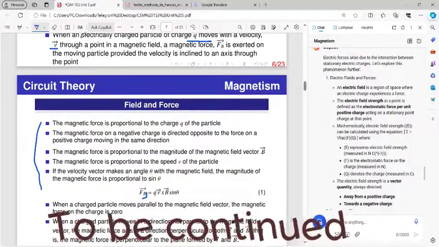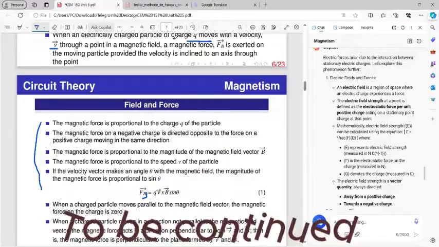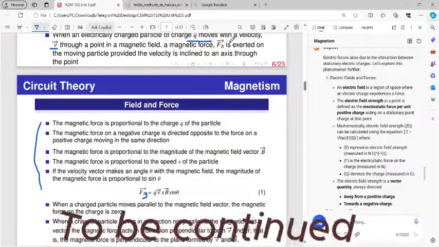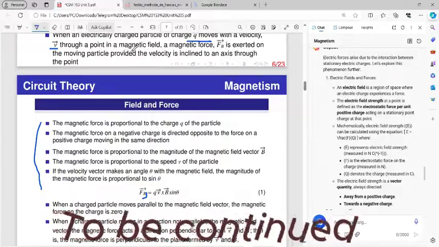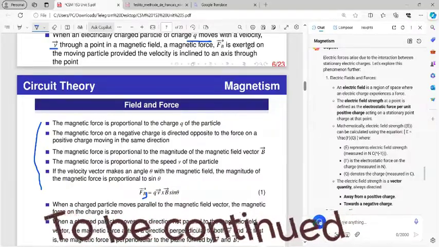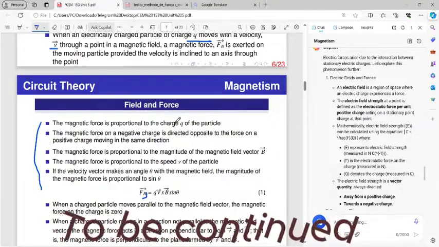When an electrically charged particle of charge q moves with a velocity v through a point in a magnetic field, this is the magnetic force exerted. Then he's saying the magnetic force is proportional to the charge q.